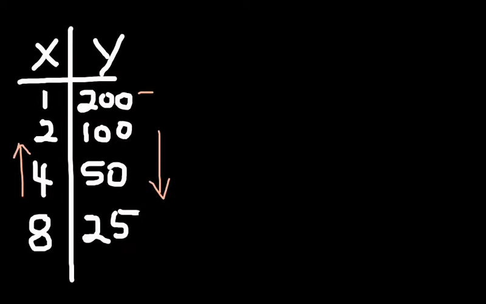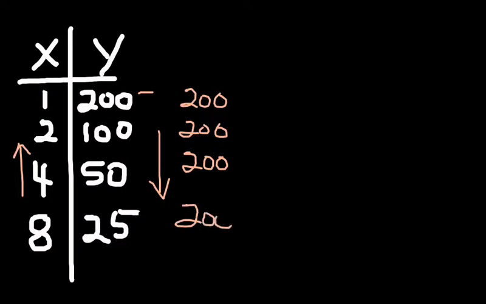Notice that each time, too, it is a constant product, as we said a minute ago in our definition. 200 times 1 is 200. 2 times 100 is 200. 4 times 50 is 200. And 8 times 25 is 200. This is a constant product, as is defined as part of our inverse variation. So we have to have that constant product.